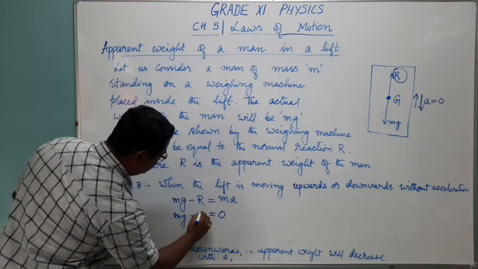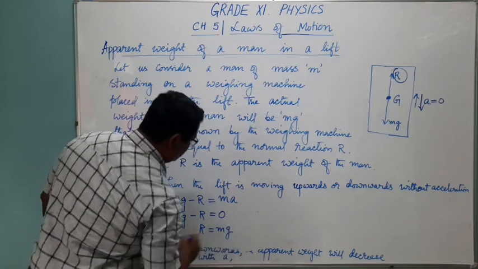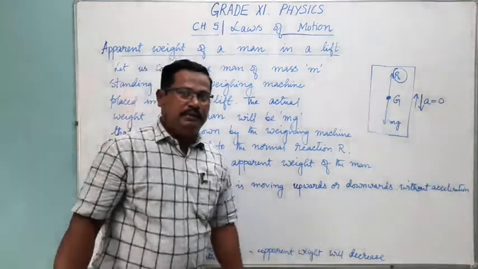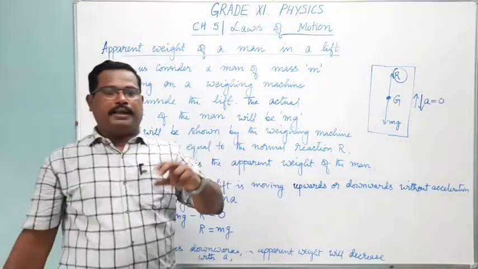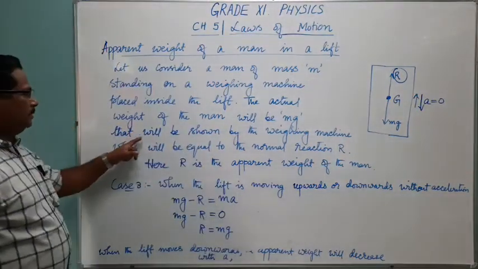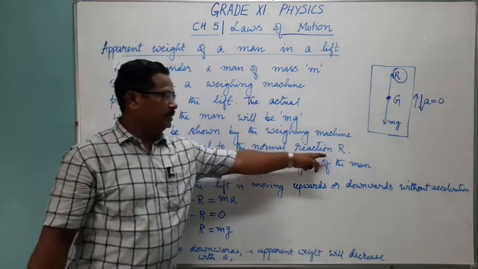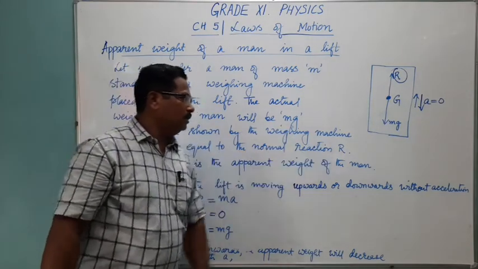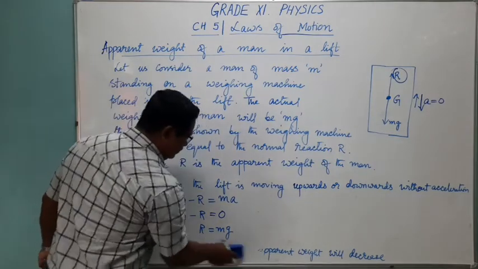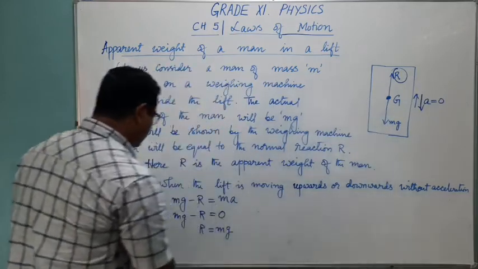Mg minus R will become 0, and in that case R is equal to mg. So it will be the case when the lift was not moving. When the lift was not moving, R and mg both were equal. What is shown by the machine will be equal to the normal reaction R. So if there is no acceleration, then the apparent weight does not change.